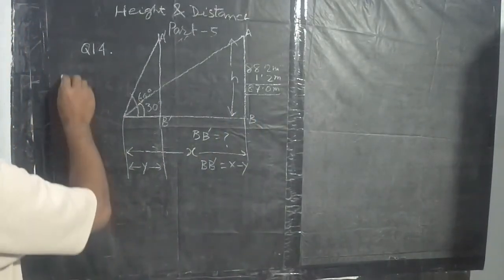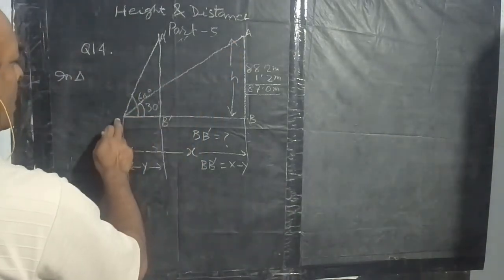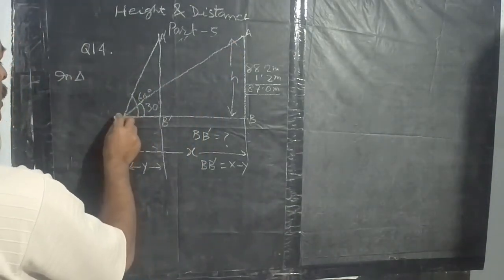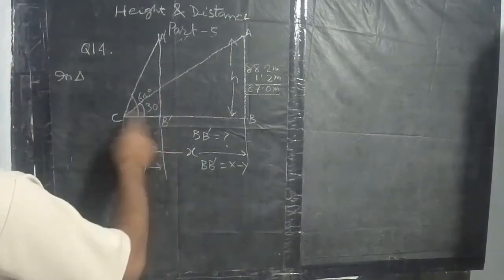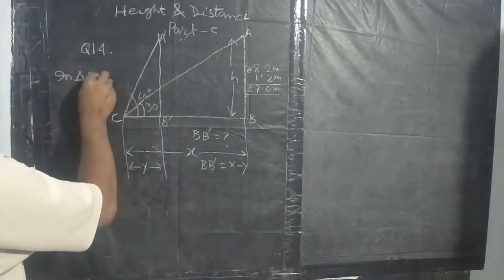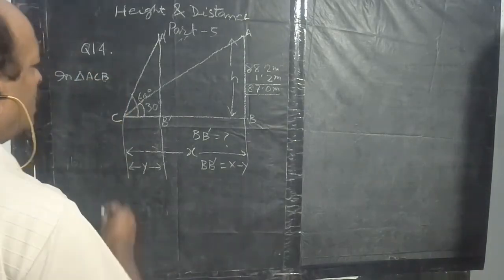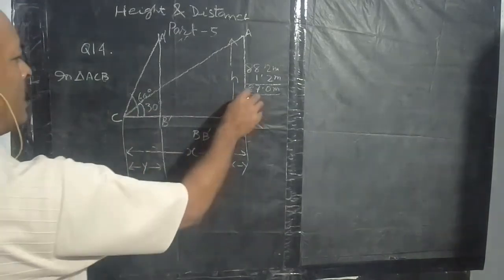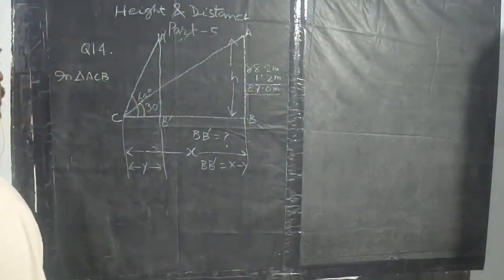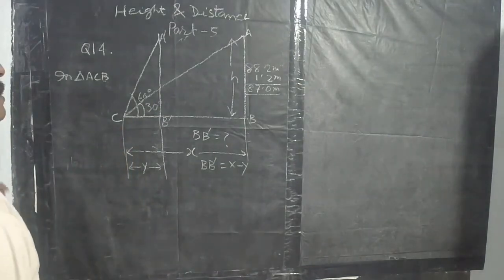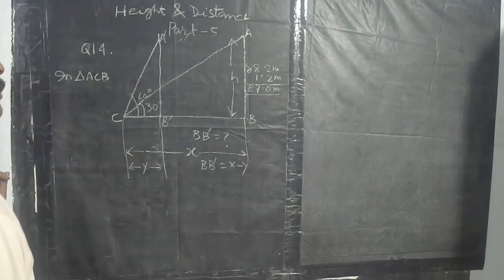So to simplify, take a single distance. Now in triangle ACB, suppose this watching point is C, the girl is watching here. This effective height I am considering, not taking the girl's eyesight, so I just remove this complication from the beginning.